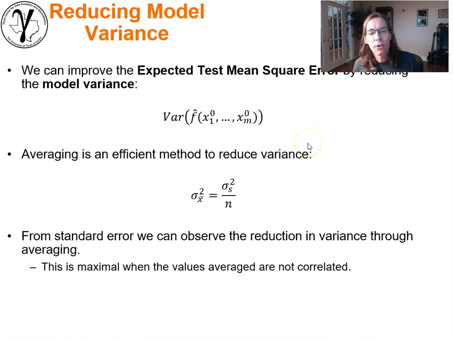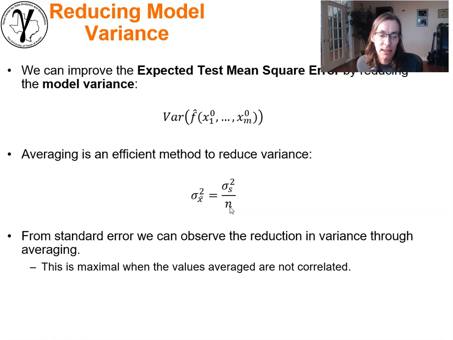And so how do we reduce model variance? Well, if you were to just take a set of samples and you wanted to reduce the variance represented in those samples, the best thing you could do is some form of averaging. And so averaging is a very efficient way to reduce variance. Just look at the equation. This is Stats 101 stuff right here. The standard error, the uncertainty in the mean. So the variance of the mean is equal to the variance of sample divided by the number of samples averaged together.